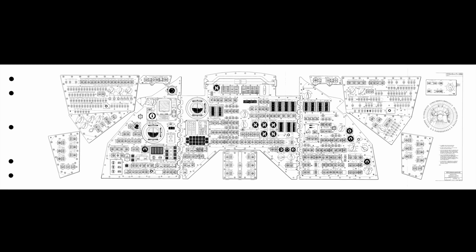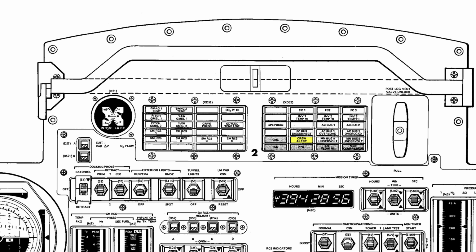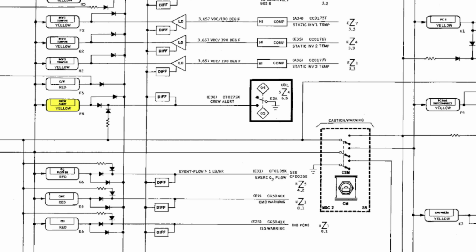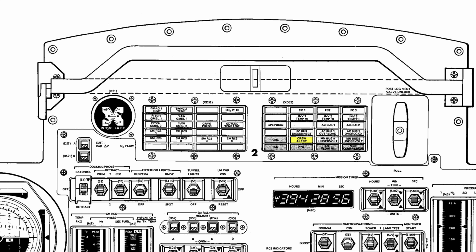The crew alert light was on the main caution and warning panel. In this diagram, you can verify that it is directly wired into the relay K2 of the UDL. Interestingly enough, the crew alert light was only controllable by the ground. It could also only be reset by the ground and not by the astronauts.